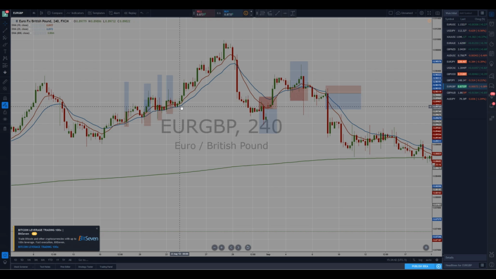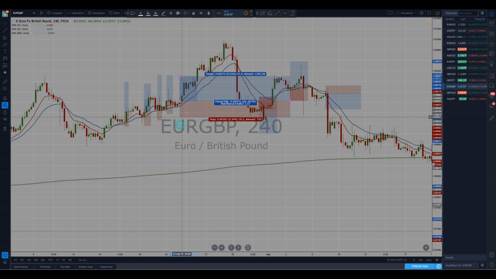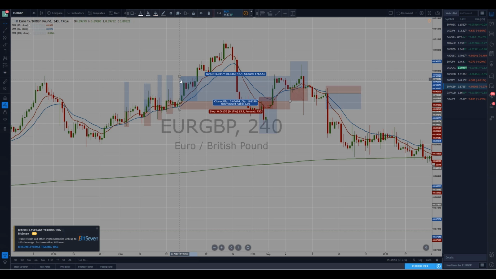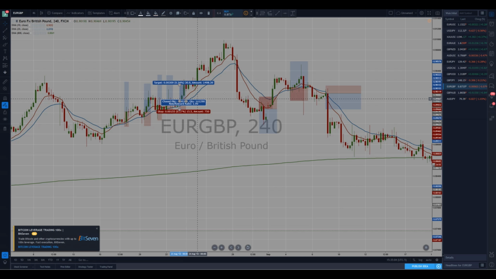Your next entry would have been probably based off of this bullish candlestick because it engulfs this bearish one. So boom. Set it below the EMAs and below previous market structure. Set it for 2 to 1. There you go.